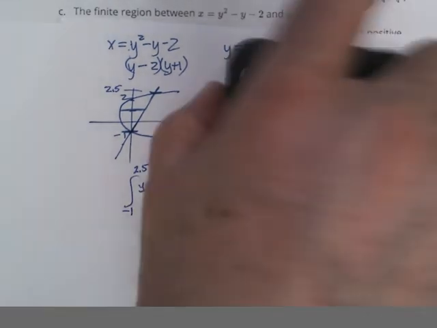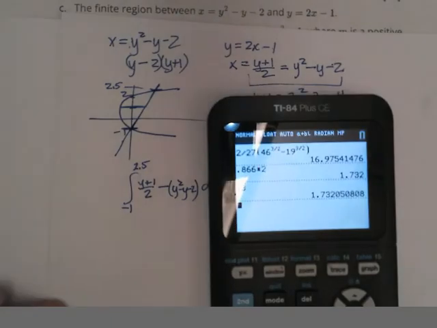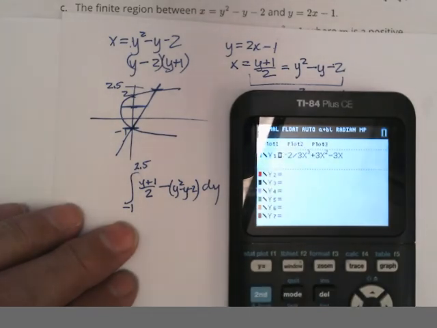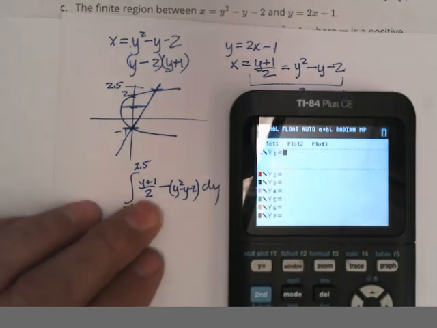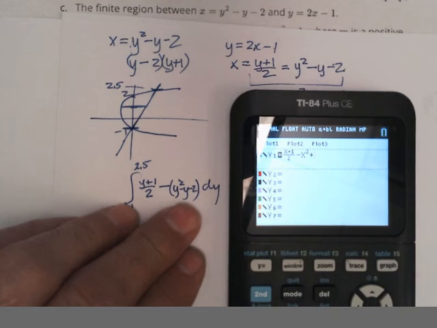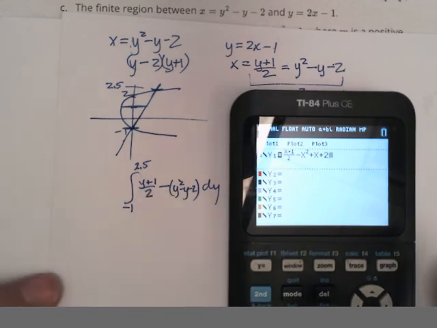And to make life easy on myself and get a decimal approximation, I'm going to go clear and type in y plus 1, x plus 1 divided by 2 minus x squared plus x plus 2, distributing that minus.